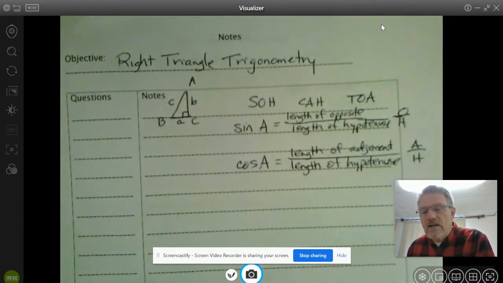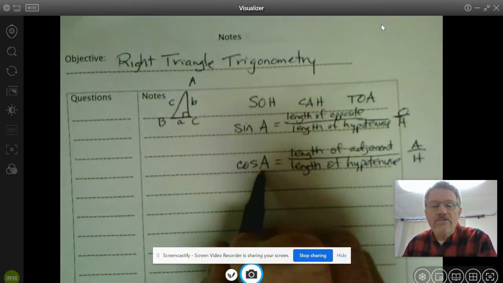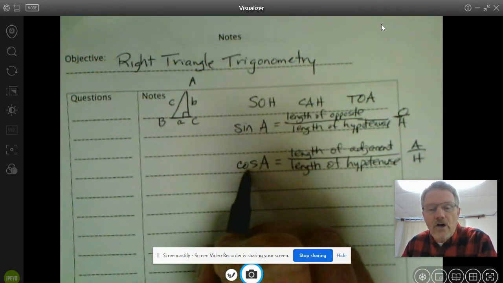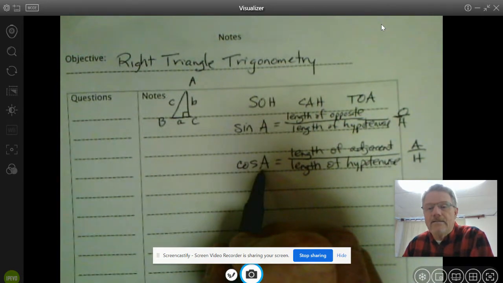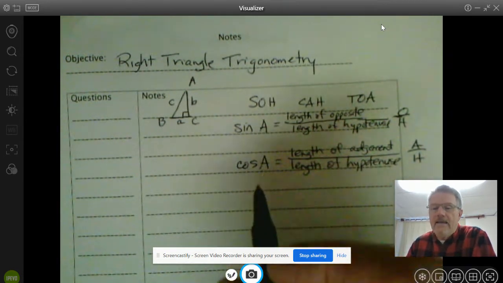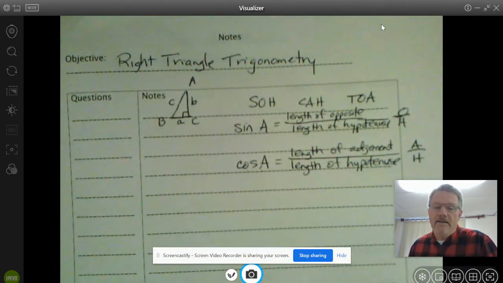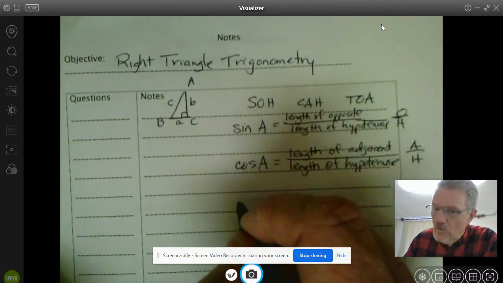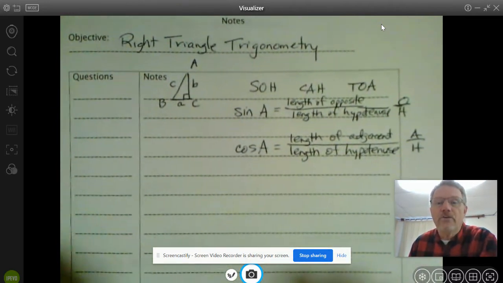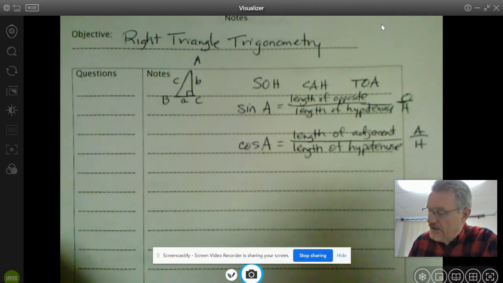Now that's cosine of the angle, not the angle itself, right? The angle is a capital letter, and cosine of that angle is an entity. I can't just separate them. Well, I can separate them, but there's only one way to do that, and I'll show you in a second.